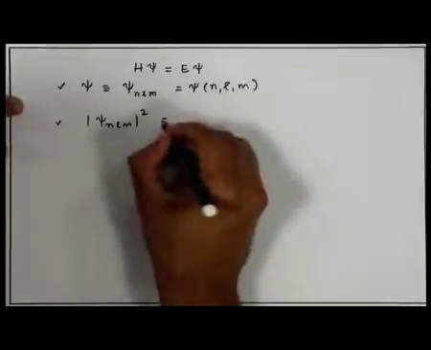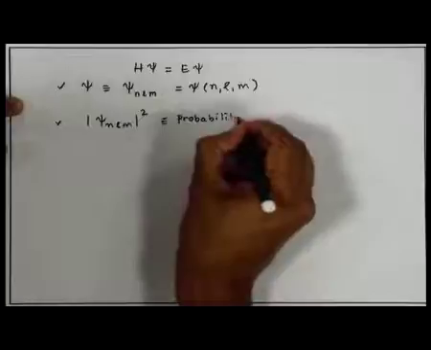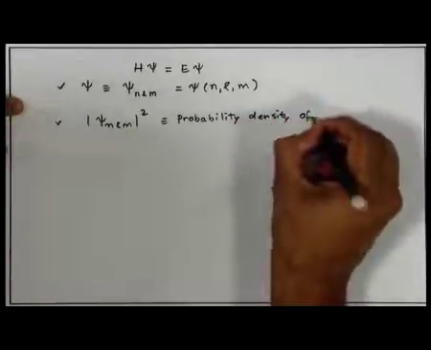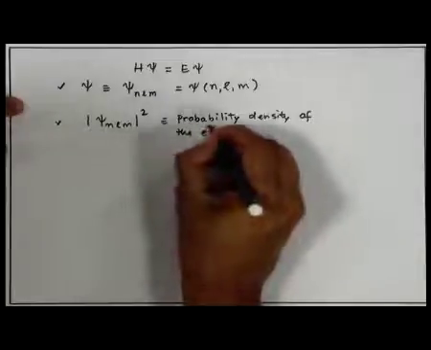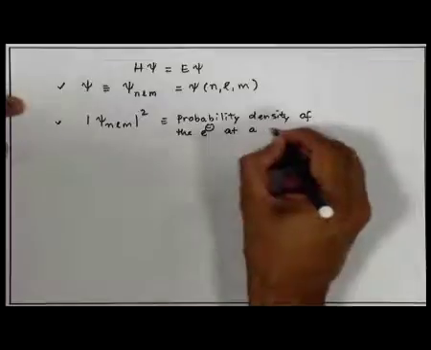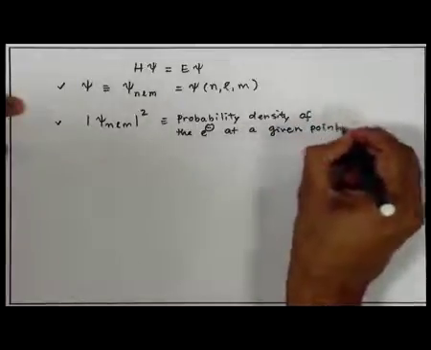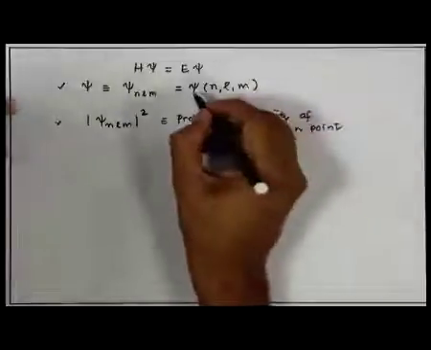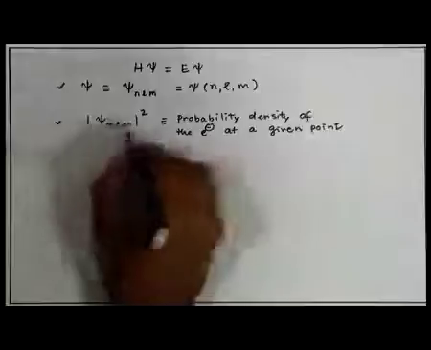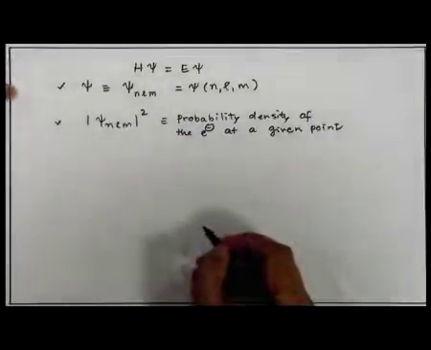So, this tells us the probability density of the electron at a given point. This is important, because at a particular point you have a particular value of this wave function, and the square of it is actually the probability of finding that electron at that point. All right.